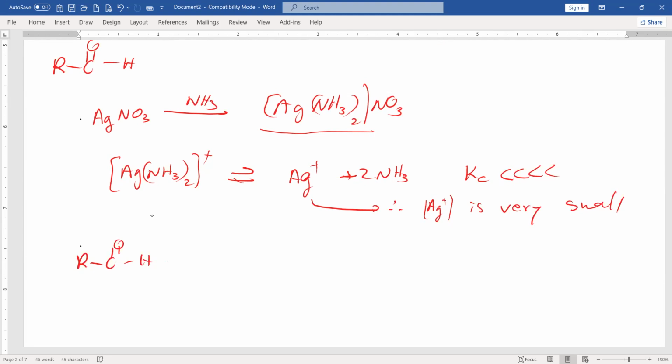What happens really in this case? We have Ag plus, which will be reduced, while the aldehyde is oxidizing. So it will give us RCOOH and Ag.